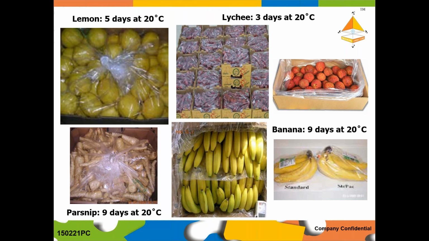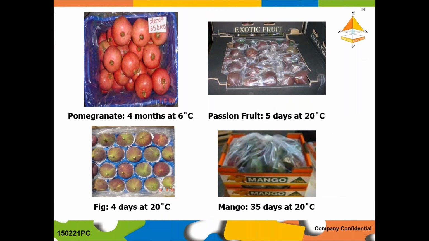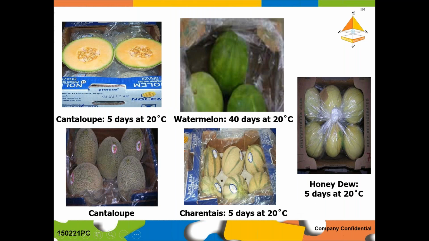Then a lot of studies have been done in different places. Lemon, lychee, parsnip, banana, pomegranate, passion fruit, fig, mango. Mango picture has not come out very well, but mango is in big demand, so good. Cantaloupe, watermelon.